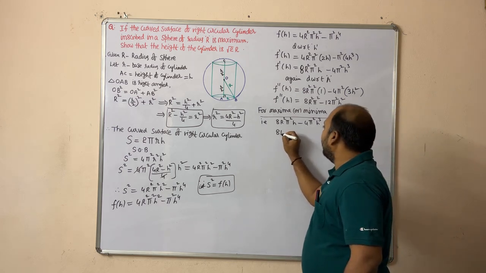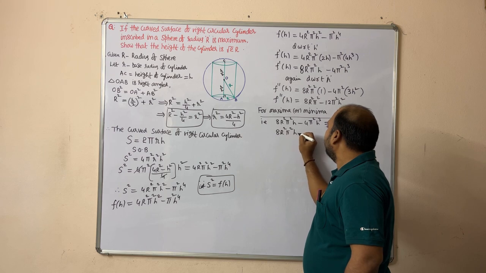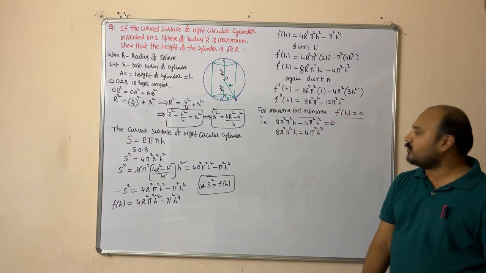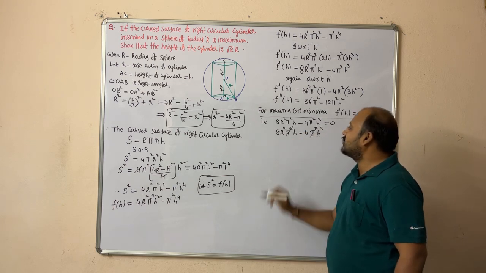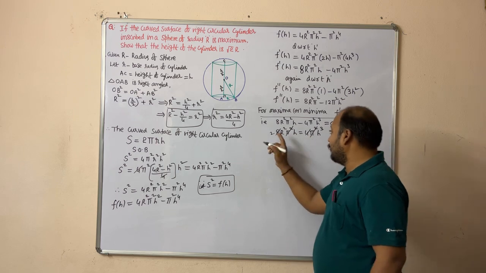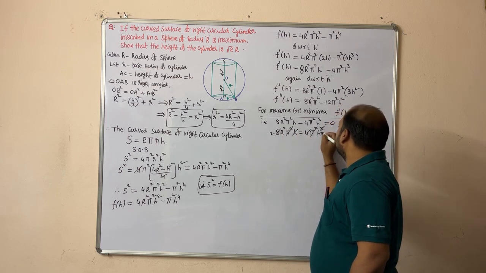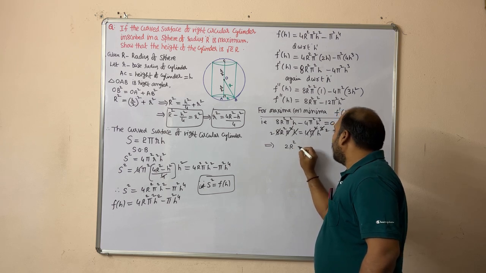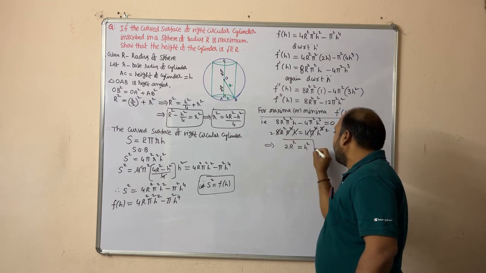So 8 R square pi square H is equal to 4 pi square H cube. On both sides pi square cancels. 4 ones are 4, 4 twos are 8, and one H will also cancel. That implies the remaining terms: 2R square is equal to H square.